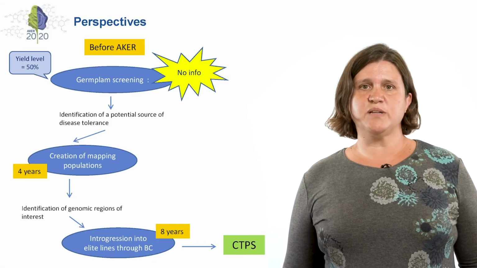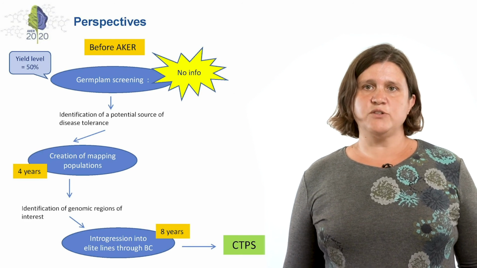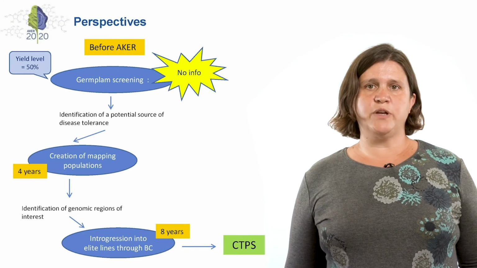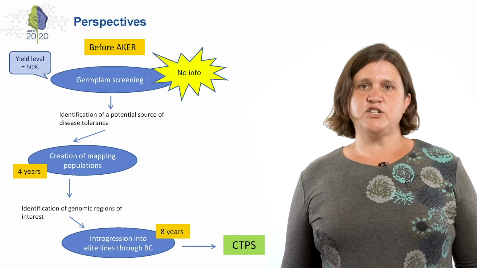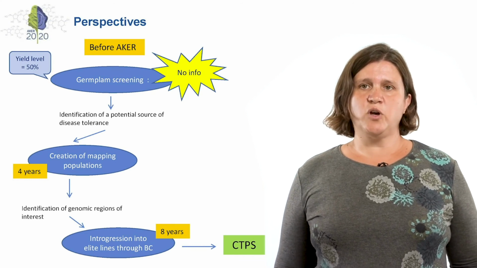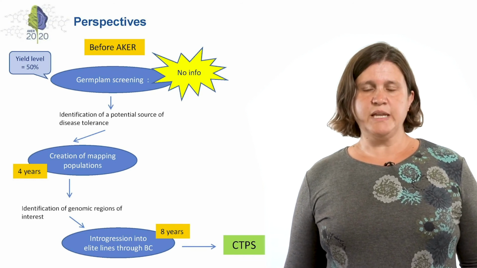As a reminder, we have tried to summarize AKER's contribution to conventional selection in this diagram. Before AKER, working with genetic resources, on which we had no information, was a laborious task, especially from exotic populations whose yield level was extremely low.